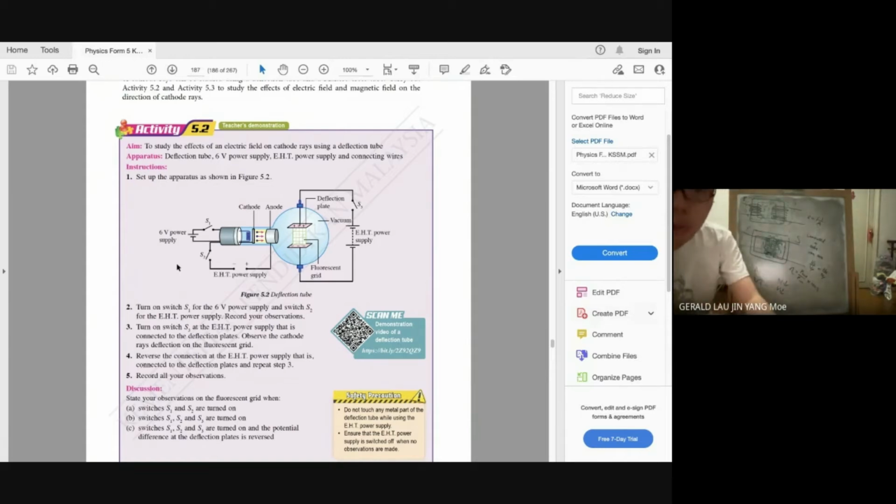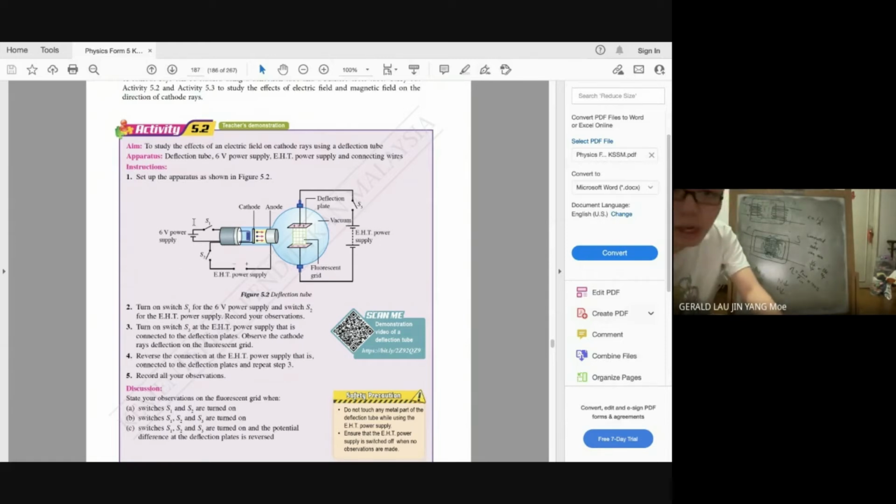S2, the function of the EHT power supply, is to complete the circuit, activating your cathode and anode, so the electrons will flow from the cathode to the anode. If I turn on S1 only, you heat up the cathode and it will produce thermionic emission, but it will not necessarily be attracted to the anode. They can go anywhere because this circuit is not complete.